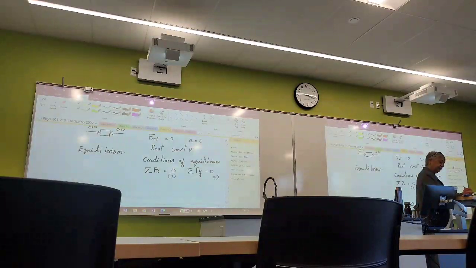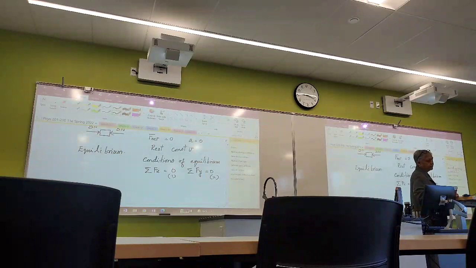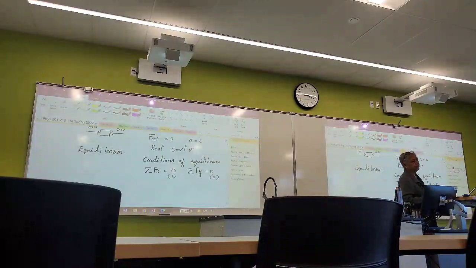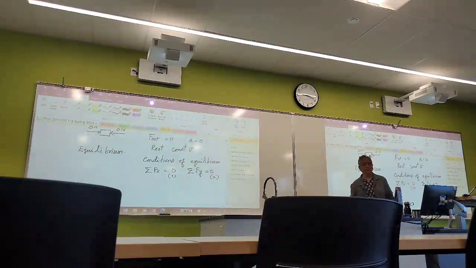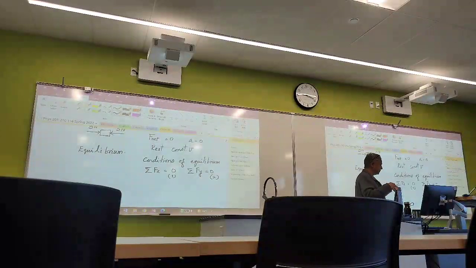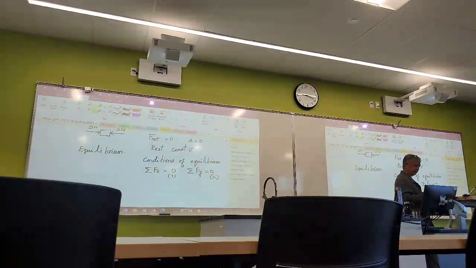These are the two equations that define equilibrium. So when you have problems on equilibrium, you have to consider all the forces, and then you say the sum of all the forces in x is 0, the sum of all the forces in y is 0.